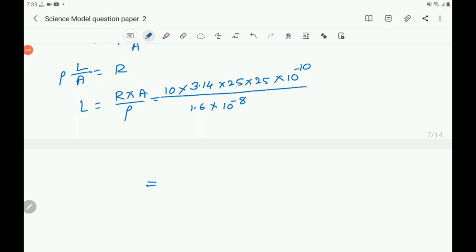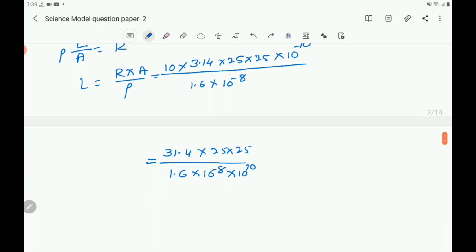Then you write 10 into 3.14, that is 31.4 into 25 into 25 by 1.6 into 10 power minus 8. Taking 10 power minus 8 down, it becomes 10 power 8, and with 10 power 10 that gives 10 power 2.